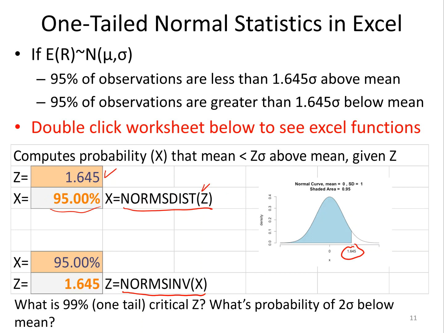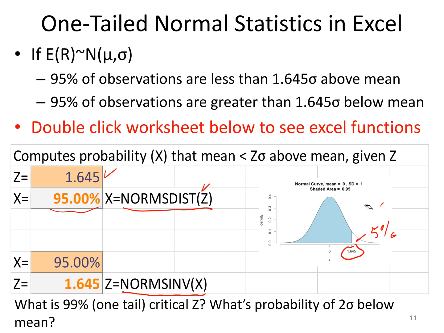Now this is a one-tailed statistic, and what it's telling me is that I'm 95% confident that the returns will be less than 1.645 above the mean. So this area here is 95%. This area is 5%.